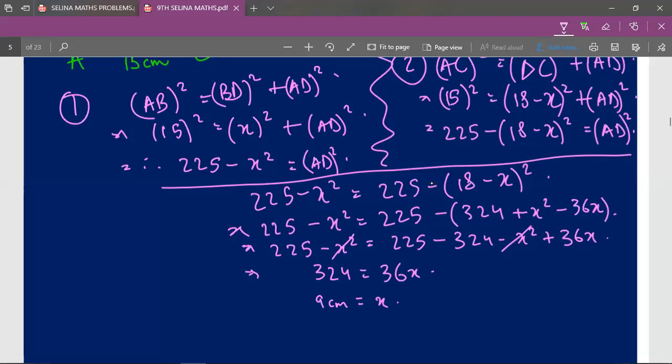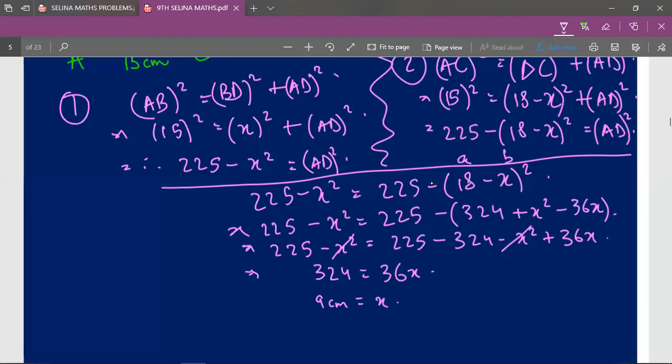In the RHS, 225 minus 18 minus x whole square can be expanded using an identity known as a minus b whole square. So a minus b whole square is a square plus b square minus 2ab. So this is the a, this is the b.